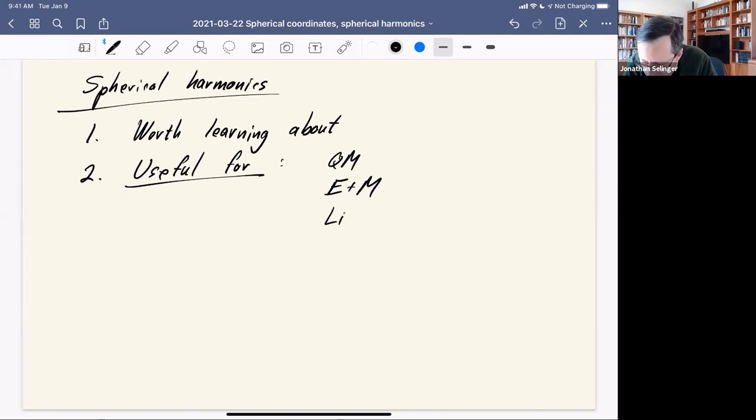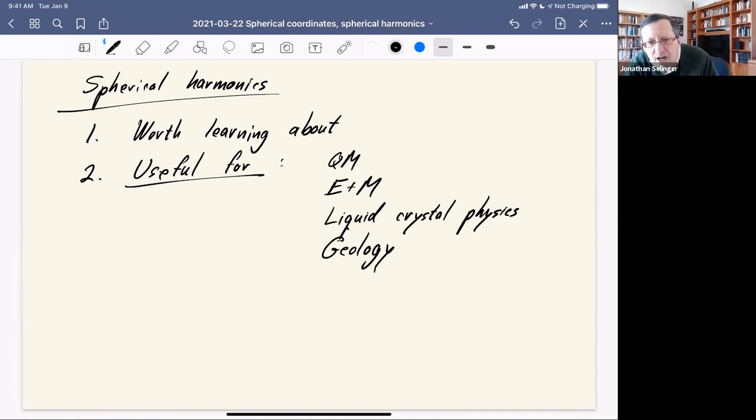I work in liquid crystal physics, and they're sometimes useful in liquid crystal physics. They could even be useful in geology, in a way that I'll show you in a minute. So these are very broadly applicable, the way that sines and cosines are very broadly applicable.